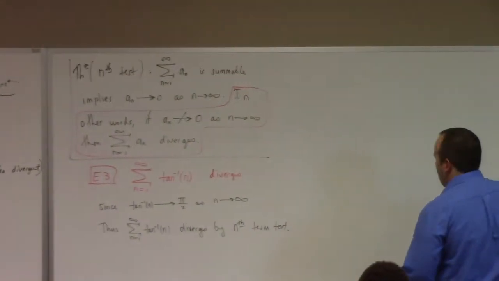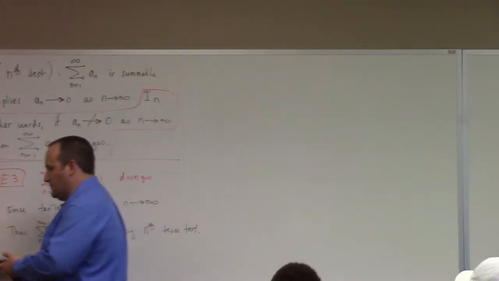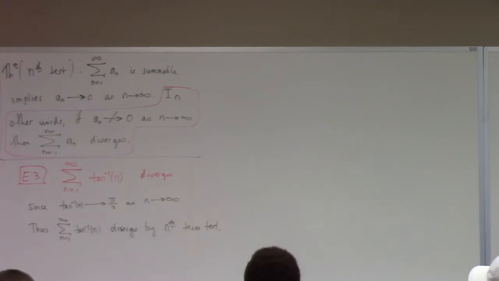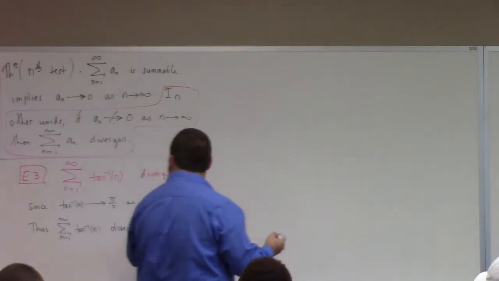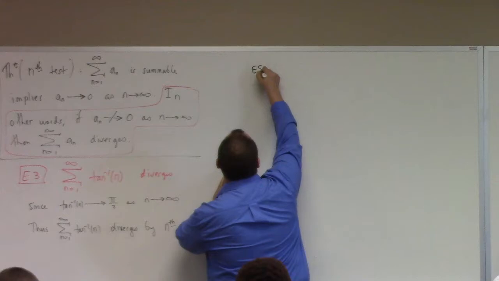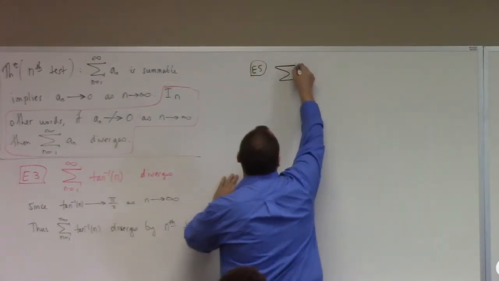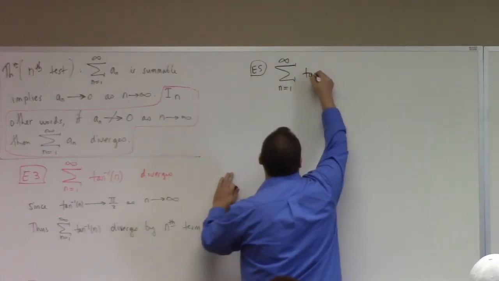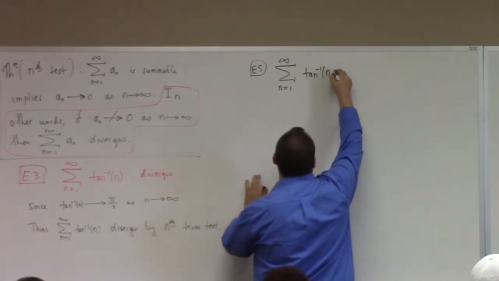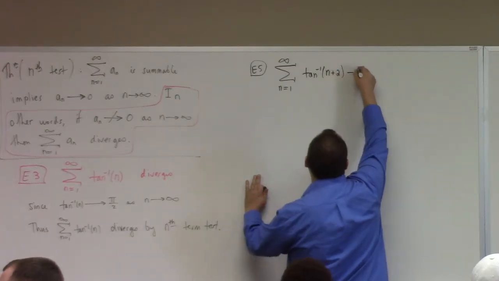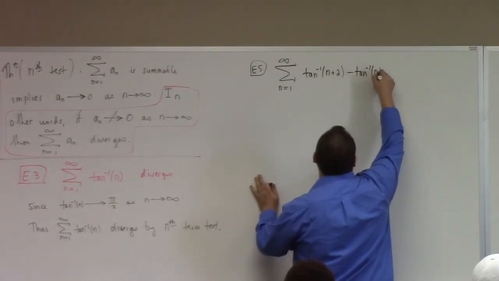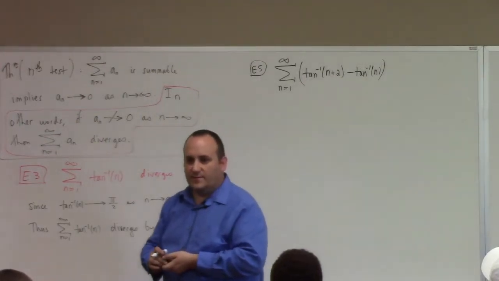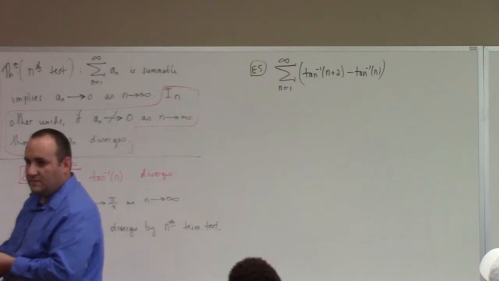Now you've got to be careful with the nth term test. It's helpful, but be careful how you use it. Make sure you're actually looking at the nth term. Here's one: the sum from n equals 1 to infinity of inverse tangent of n plus 2 minus inverse tangent of n. If you are careless, you might say, oh, inverse tangent goes to pi over 2, so by the nth term test this diverges.